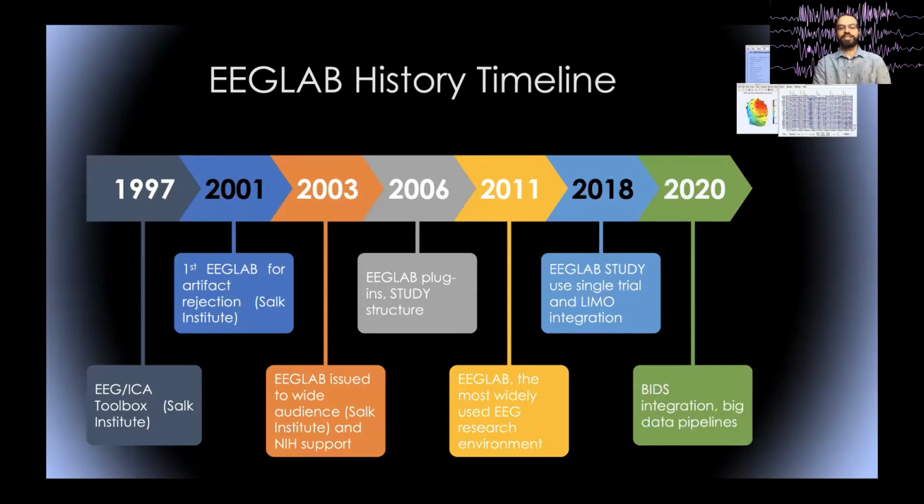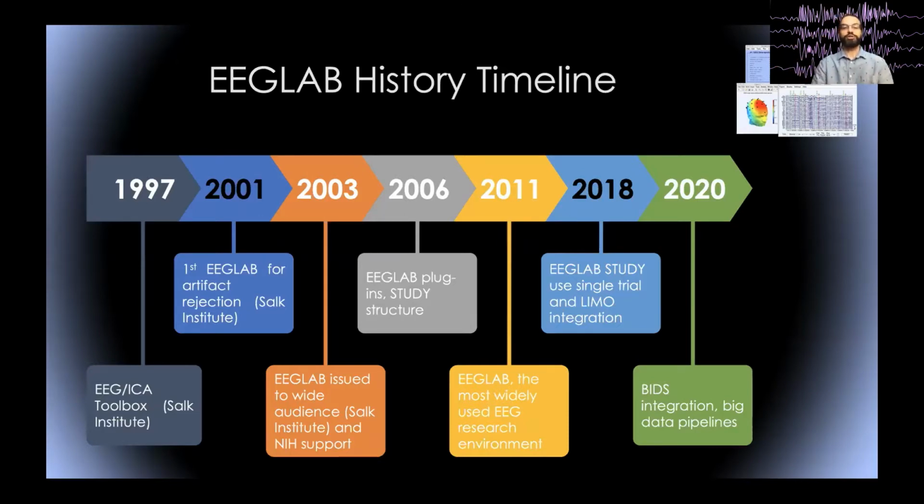In 2006, we implemented a plugin mechanism so people could plug in their own code. We believe that's one of the reasons EEGLAB is so successful: we have right now 130 plugins, and we have a plugin manager where people in EEGLAB can download these additional extensions to do custom processing.